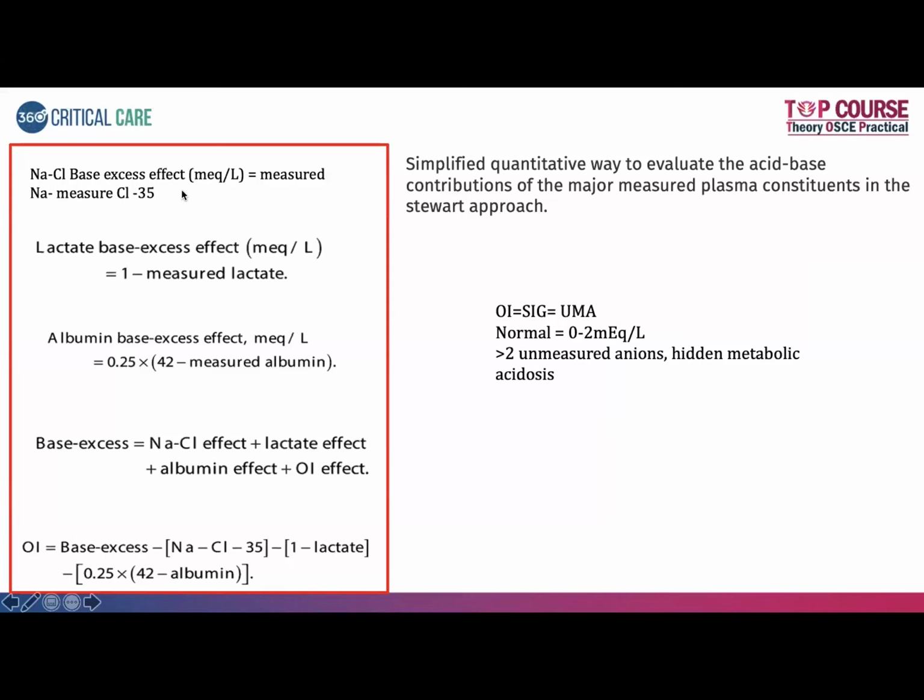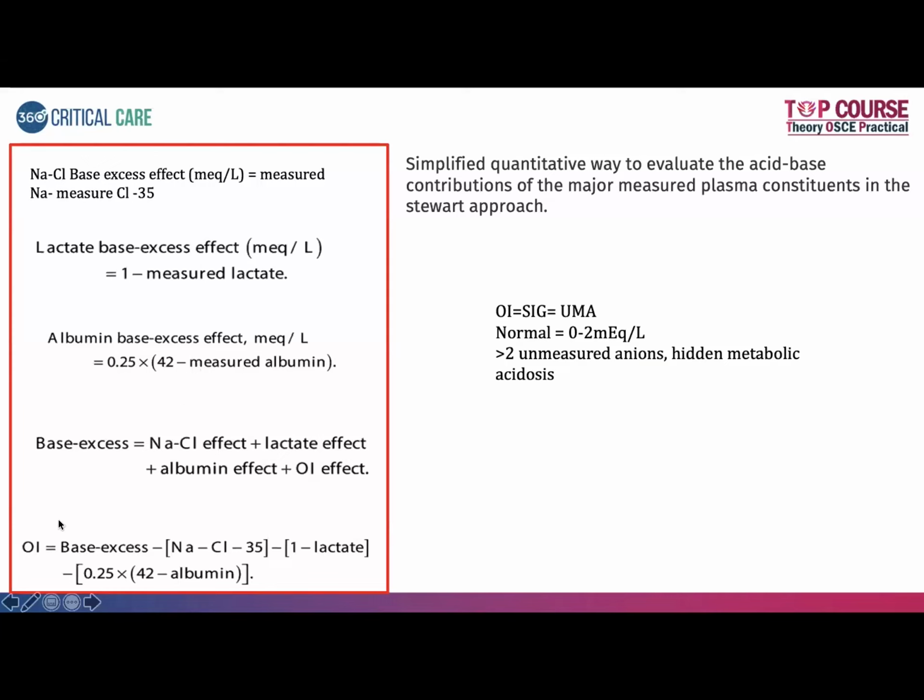If the difference is more, that much effect is contributed by the sodium chloride base excess effect. For lactate, 1 minus the measured lactate is the lactate base excess effect. For albumin, 42 minus the measured albumin times 0.25 is the albumin base excess effect. The overall base excess effect is the addition of all three variables.